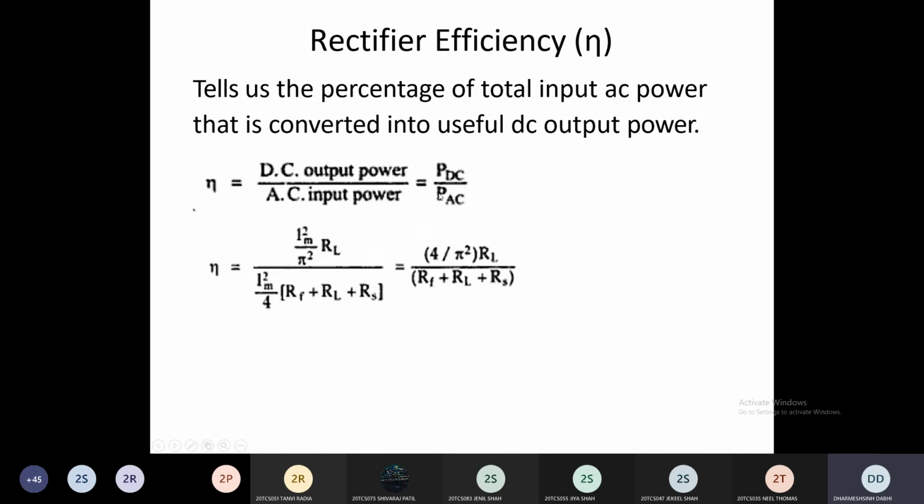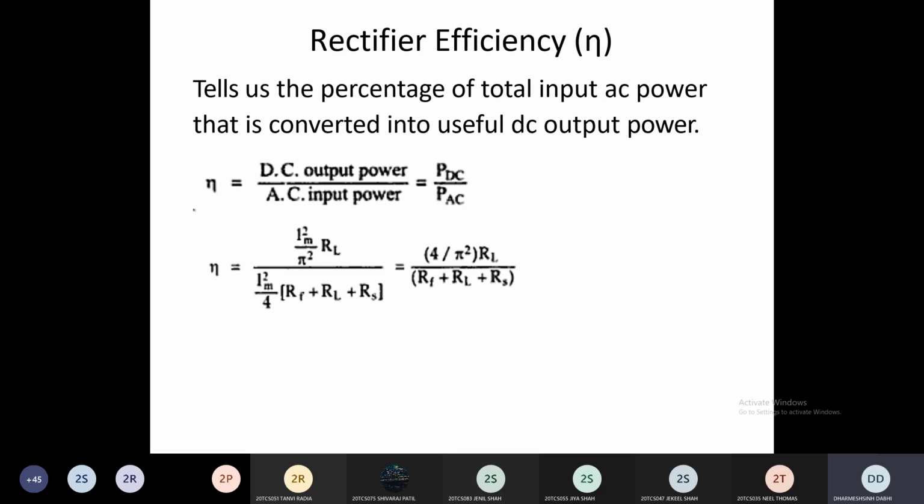And AC input power, that is Im square divided by 4 into RF plus RL plus RS. So here Im square is cancelled out. So finally your efficiency equation becomes 4 by pi square into RL divided by RF plus RL plus RS.